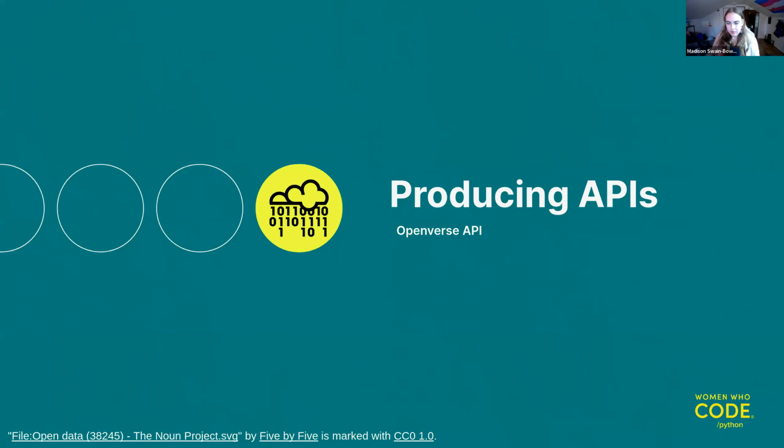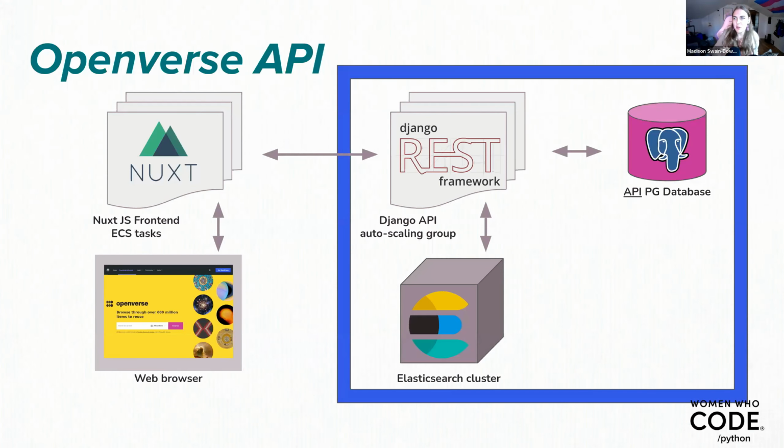So on top of consuming APIs, Openverse also produces an API, and that's under the Openverse API repo. So when you make a search, here's another very complicated diagram that you can ignore most of. When you make a search in your web browser, that search goes to a server that we have, which then forwards that search onto our API.